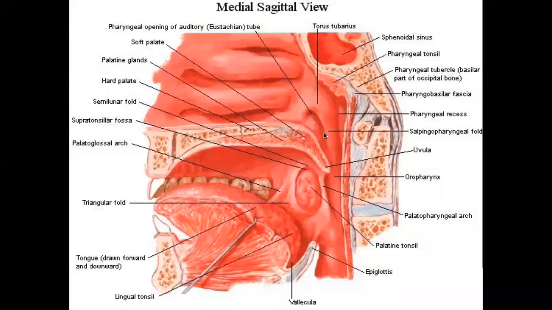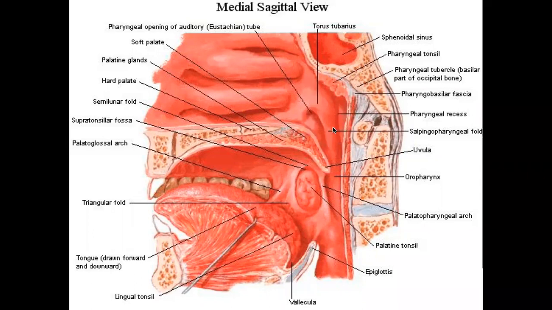Okay, these are the important features. And behind the salpingopharyngeal fold, we have a small depression here. If there is an elevation in the front, behind it there is a depression. This depression is called the pharyngeal recess. What is it called? The pharyngeal recess. So these are the important features we will see in the nasopharynx.